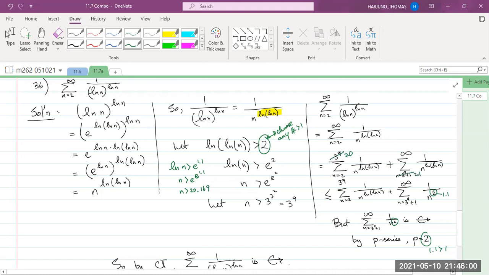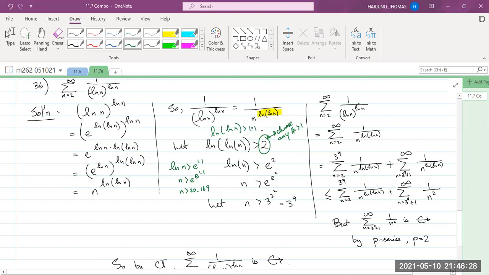You see what I mean? If you choose 1.1, there will be an n where this is true after such n.